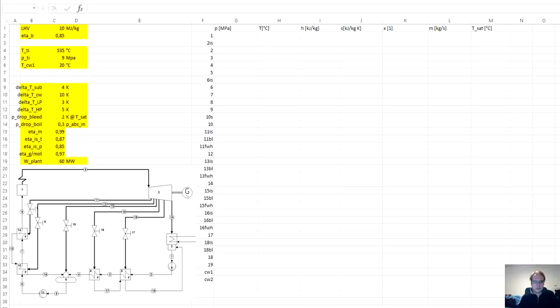So, based on the methodology from the previous video, we will use the same boundary conditions and prepare a similar table, just with respective nodes according to our process flow diagram.